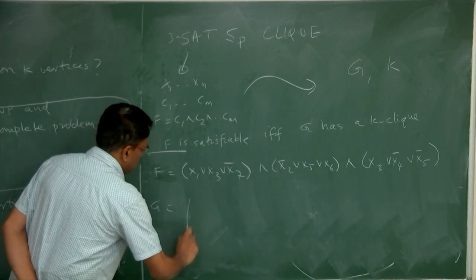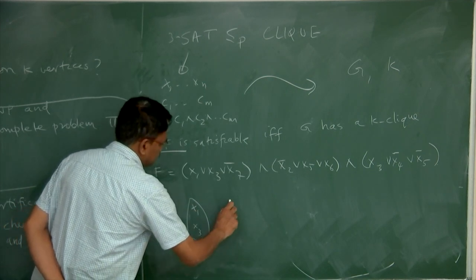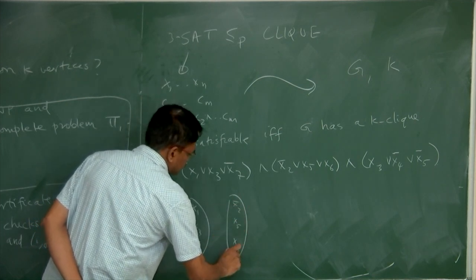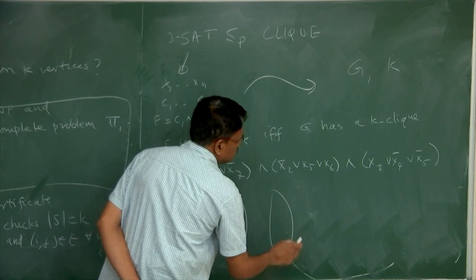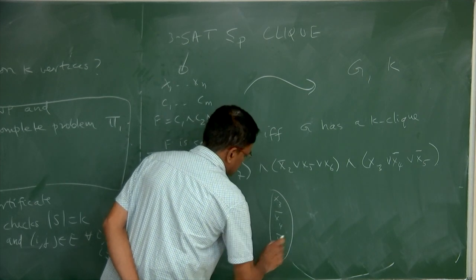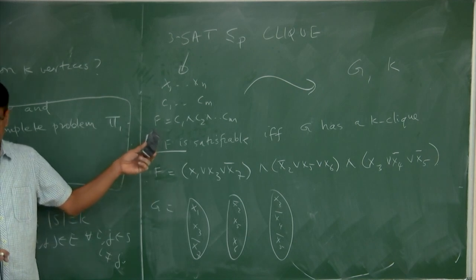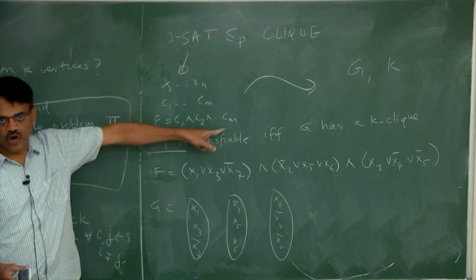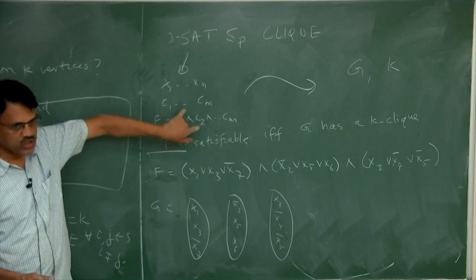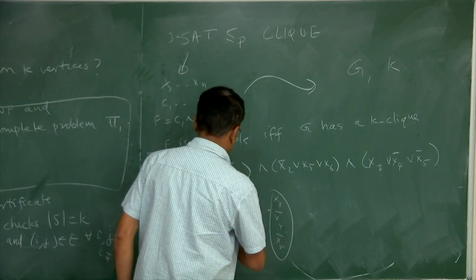My graph is going to contain these vertices. If you like, it's like an M-partite graph. If M is the number of clauses, I am going to have a set of vertices for each clause, a set of 3 vertices, because these are 3-SAT instances. Dot dot dot, I will have this.